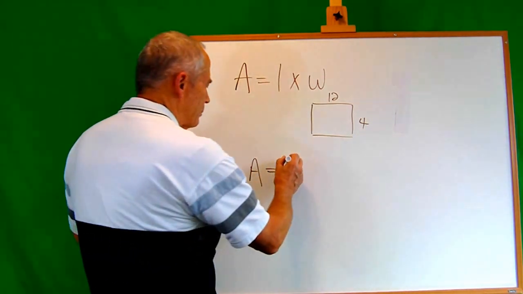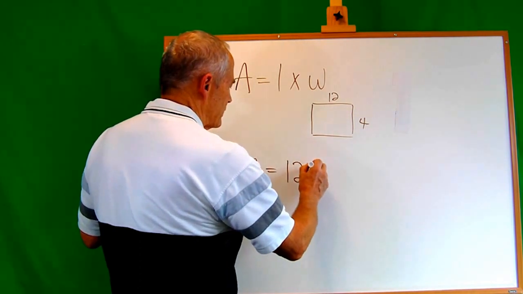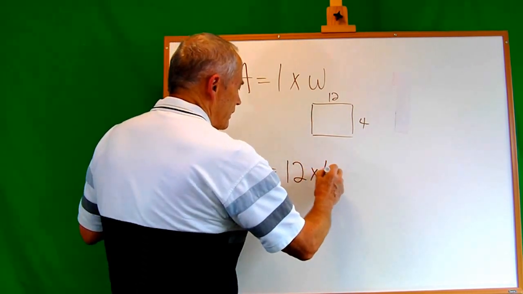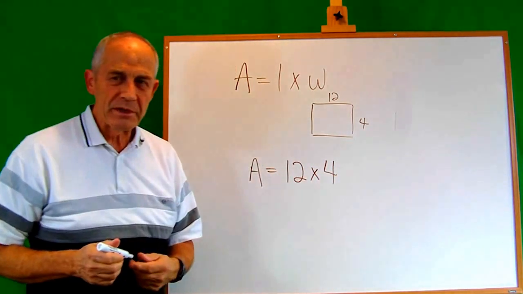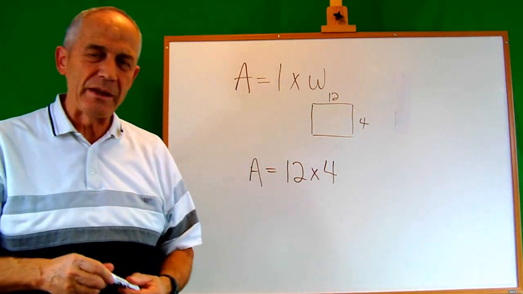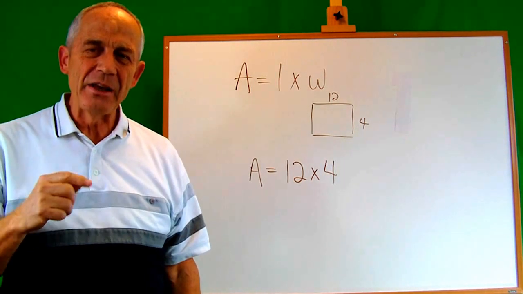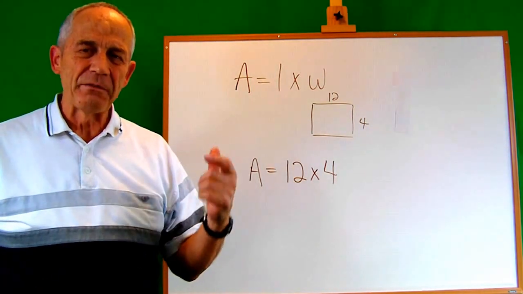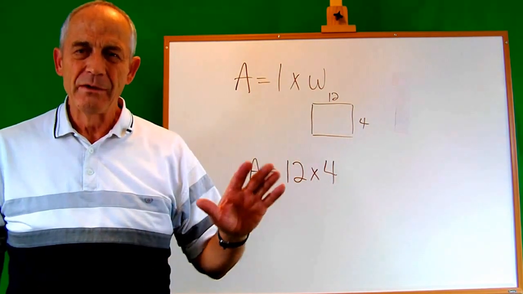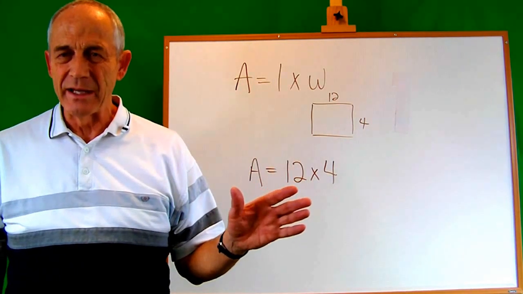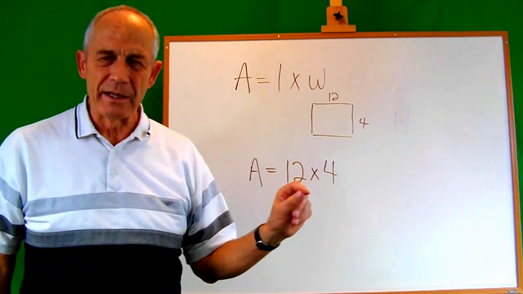So I can replace those letters, those variables, with the numbers that they represent. When I do that, that gives me information that I can then use to actually find a value for the area of this rectangle, for this particular rectangle.